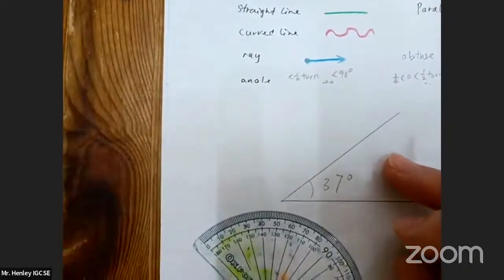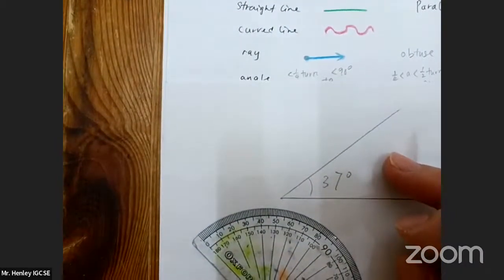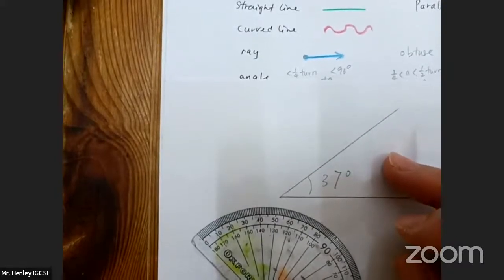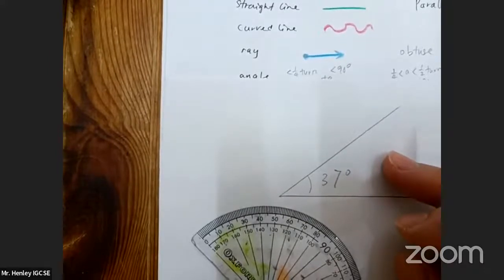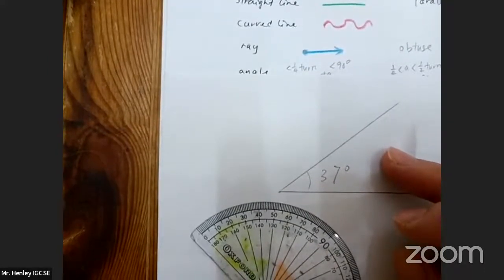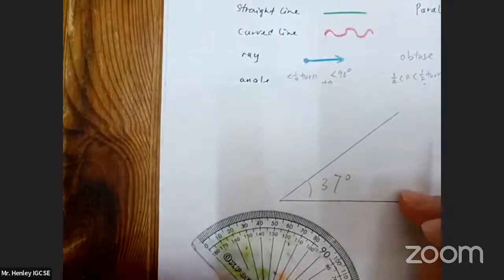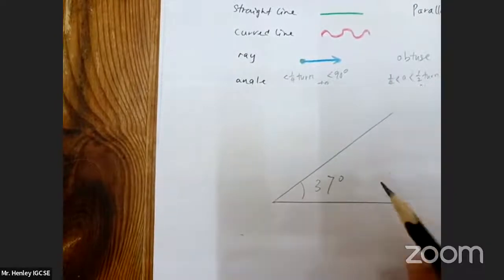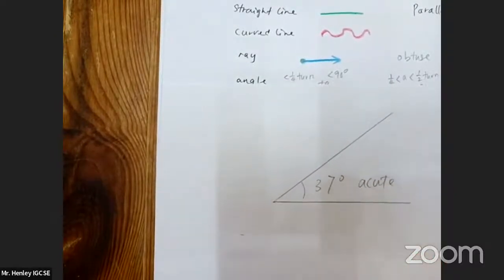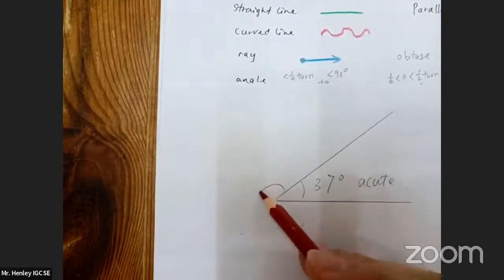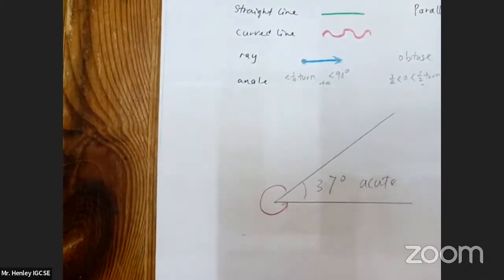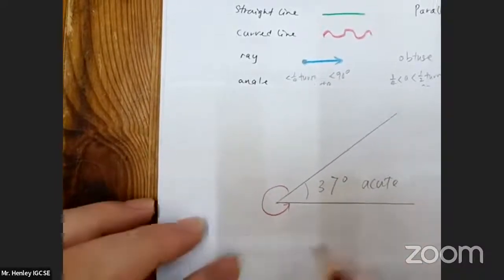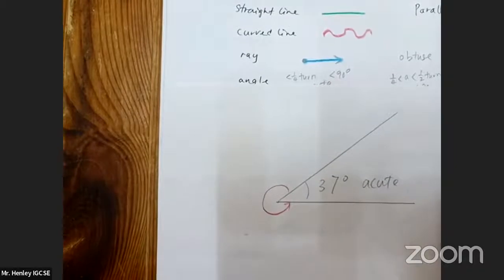However, if you want to measure the reflex angle, this is the acute angle, and the reflex angle will be the other side. This means you need to know the logic behind it. You have two methods.